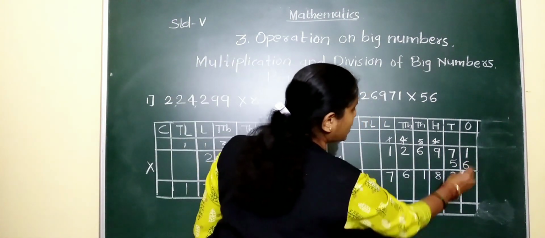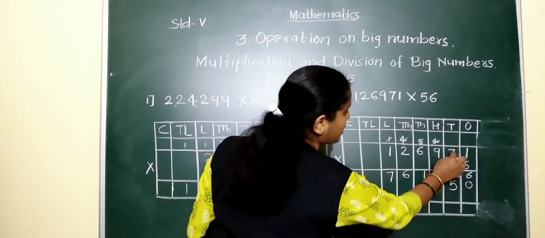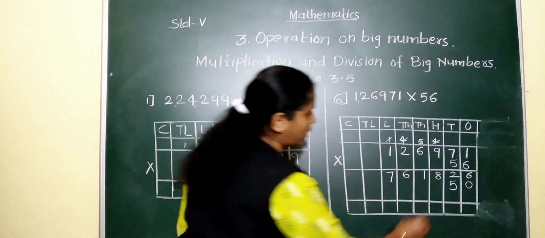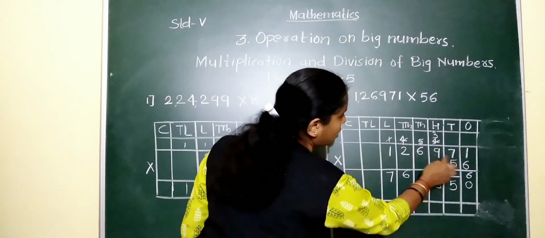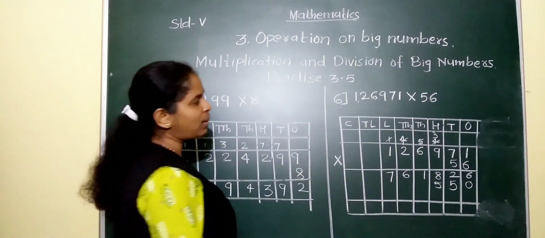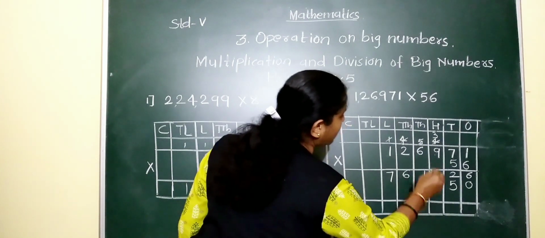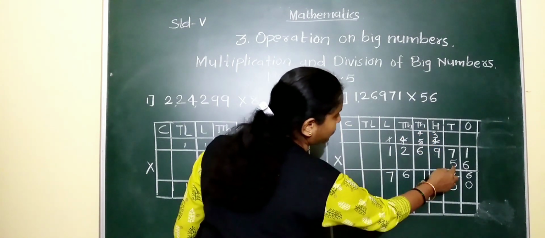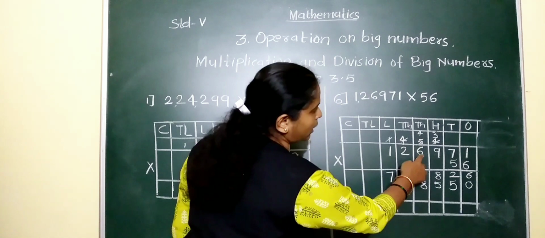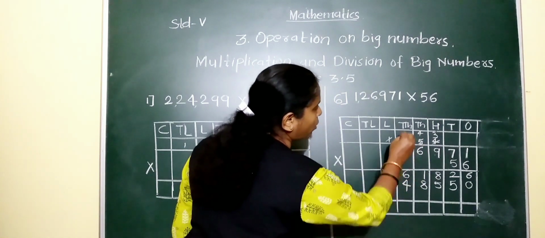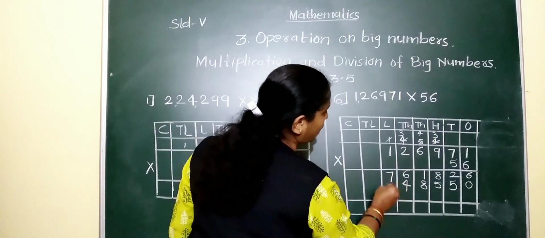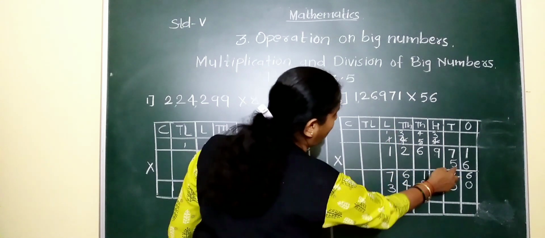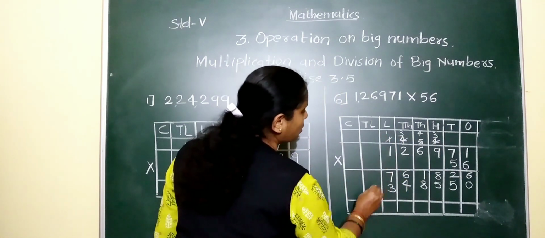Now see, 5 ones are 5. 5 sevens are 35. 5 carry 3. 5 nines are 45. 45 plus 3, 48. 8 carry 4. 5 sixes are 30. 30 plus 4, 34 carry 3. Again 5 twos are 10 plus 3, 13 carry 1. And 5 ones are 5 plus 1, 6.